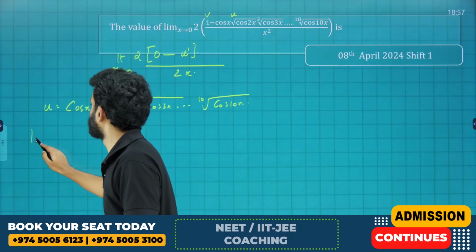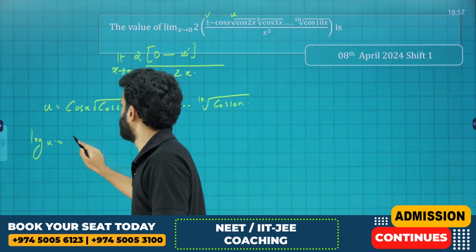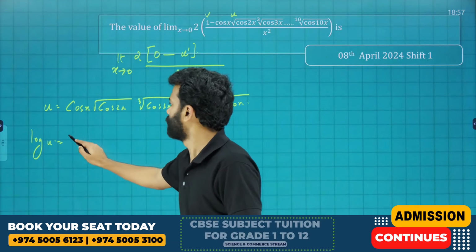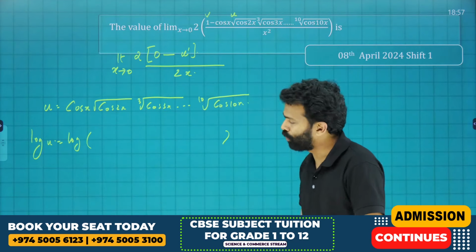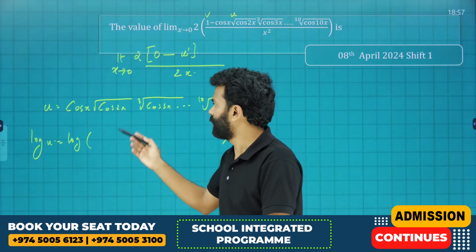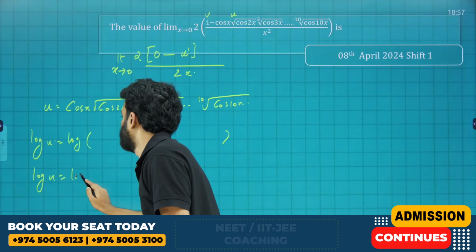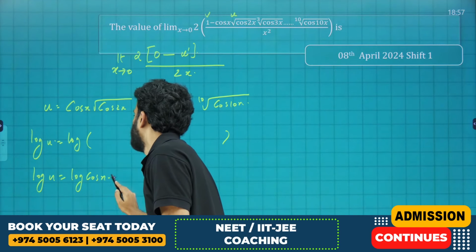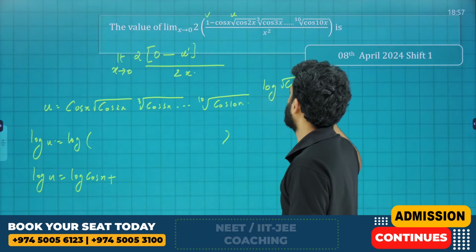Therefore, what is log u? Log u is equal to log of cos x into square root of cos 2x into like that. Okay, then apply the summation property here. You will get log u is equal to log cos x plus log square root of cos 2x.